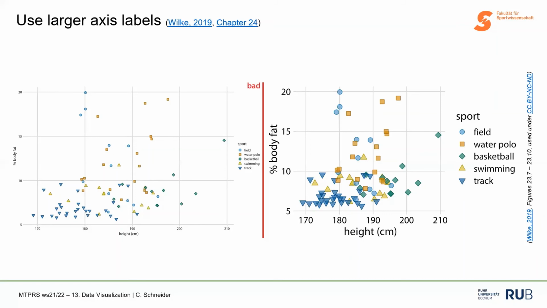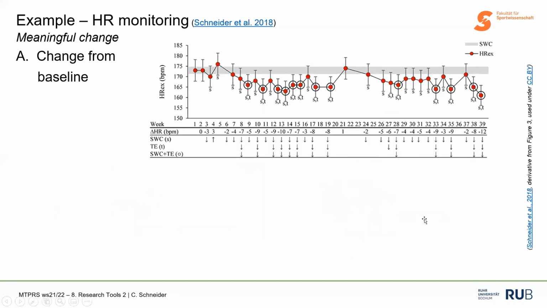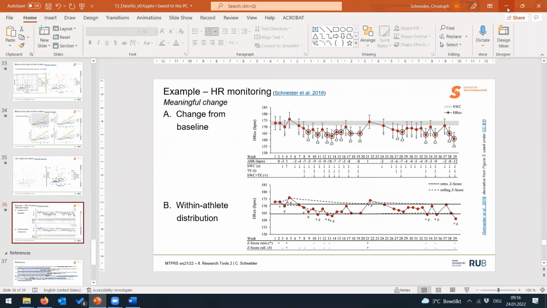So the size of the plots, the size of the dots, for example, the triangles, the squares, the circles, and so on and so forth. All right, so this should be it for the moment for the introduction.